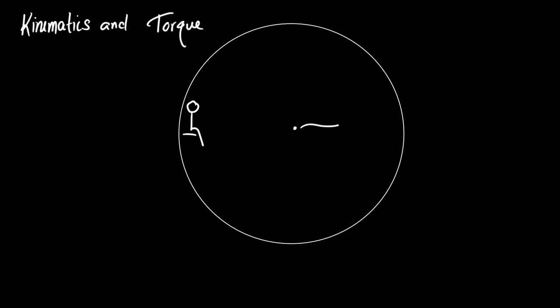Let's set the size of the Ferris wheel to be relatively small. We'll say 10 meters is the radius. And I'm going to give you some specifics. You'll need to decide which information I'm giving you. You know it's a kinematics problem because that was the lead into this conversation.